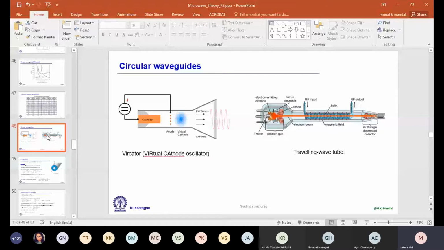So how it operates, just in short: we have a circular tube here. Inside it's vacuum, no air. Now the cathode and this anode are connected to a capacitor using a switch. That switch part I did not show.